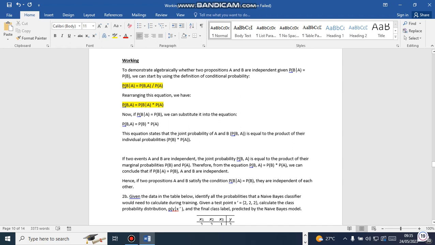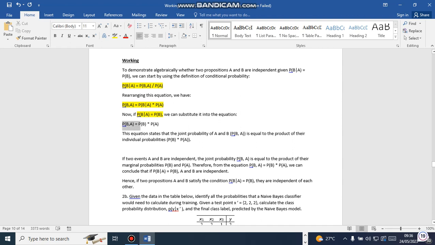Now if the conditional probability of B given A is equal to the probability of B, we can substitute it into the equation. Anywhere you see the probability of B given A, you put the probability of B in.